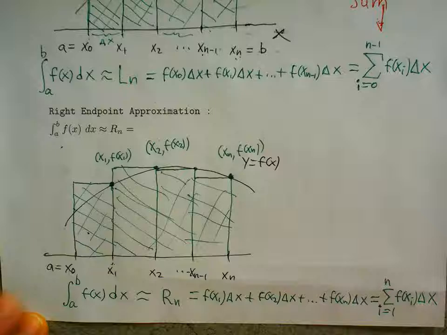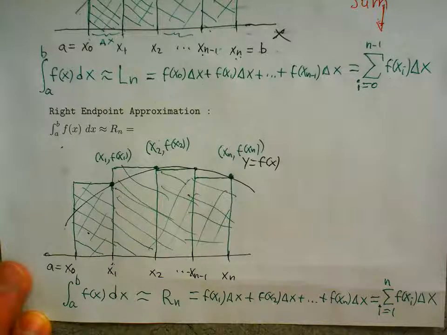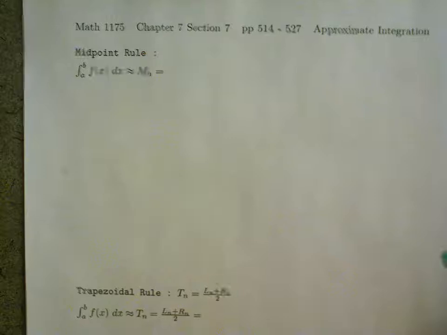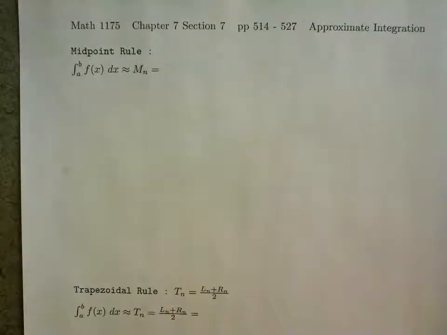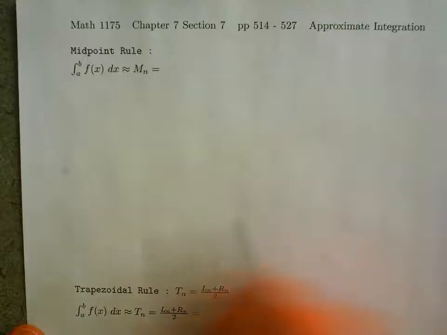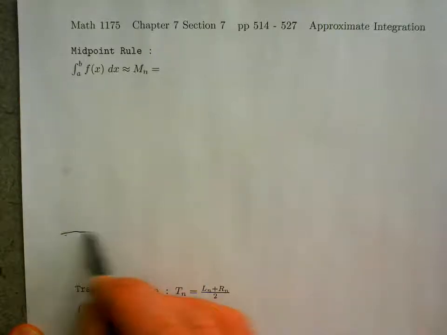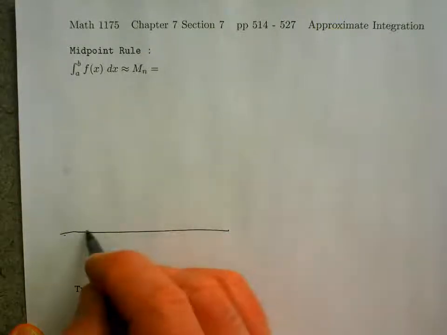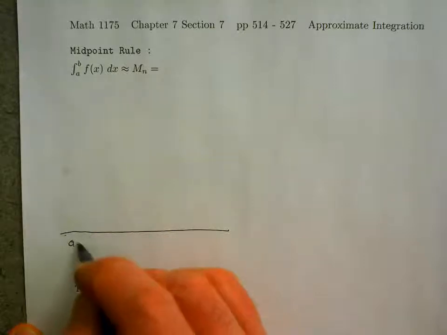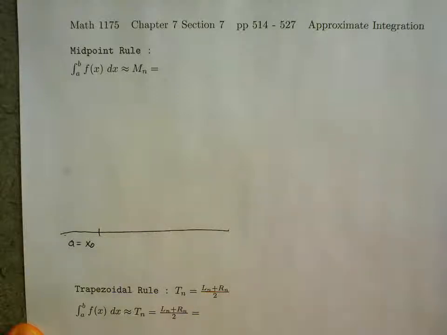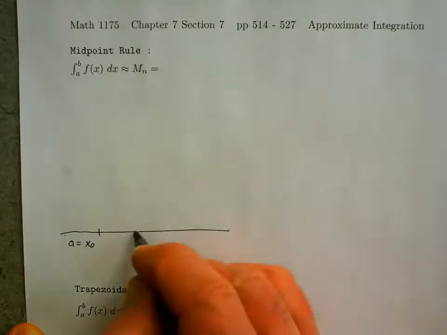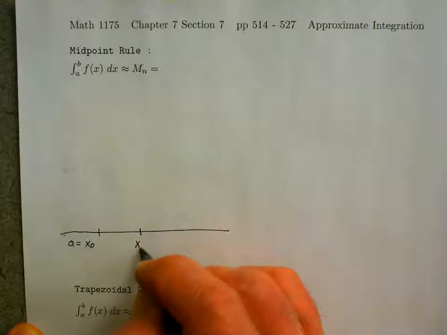Okay, the next one is called the midpoint rule. So the midpoint rule. So on the intervals, we use the midpoints of the intervals to determine the heights of the rectangles.